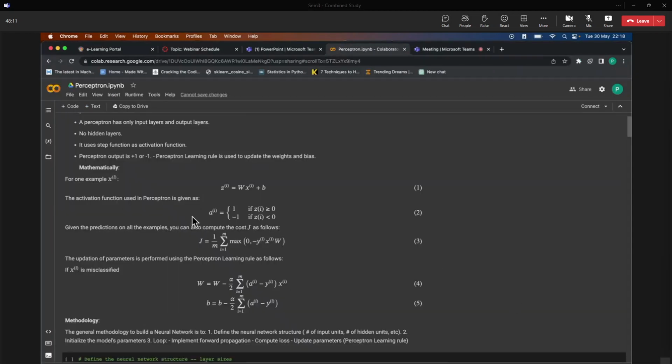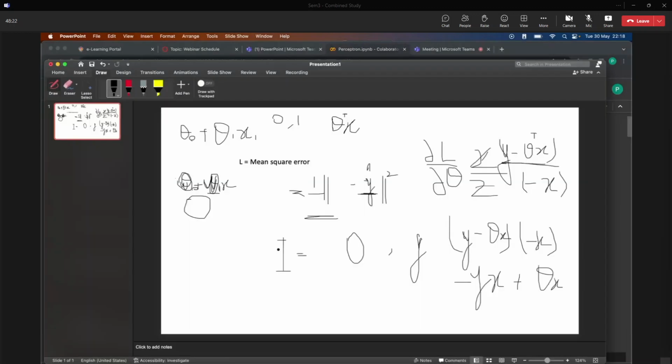So now what we have here is, sorry, the activation function used in perceptron is 1 if z is greater than 0. So they are saying z is our activation function here. If the point lies here, then it is plus 1.